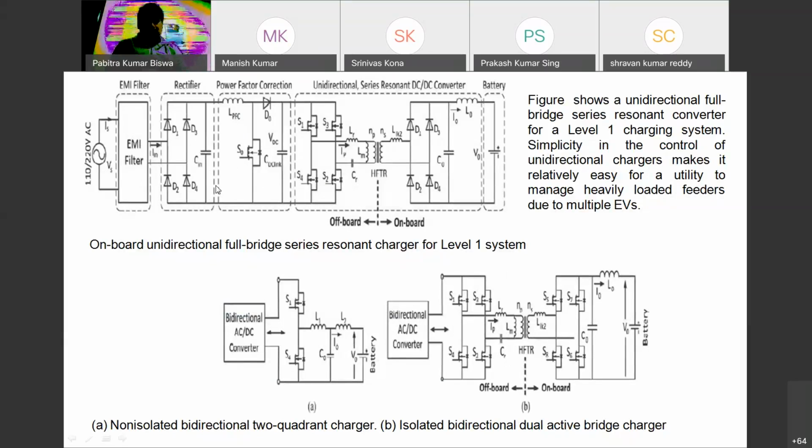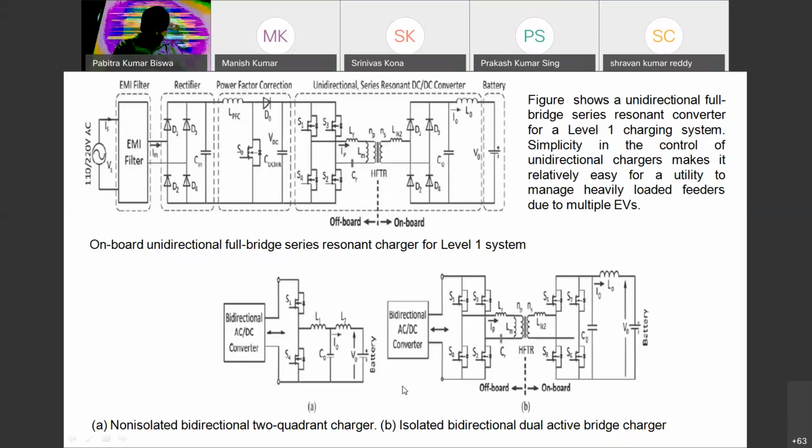The rectifier output is sent to the power factor correction, which controls the bridge. It will be unidirectional, with an isolated DC to DC converter. That side is known as off board, and this side we are considering as on board. And the battery is given here.